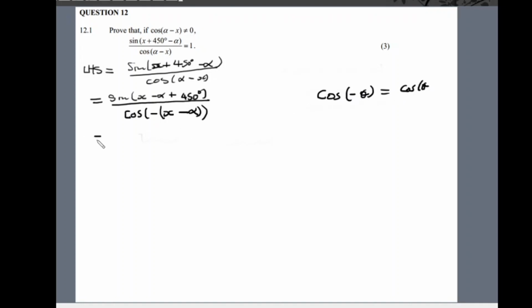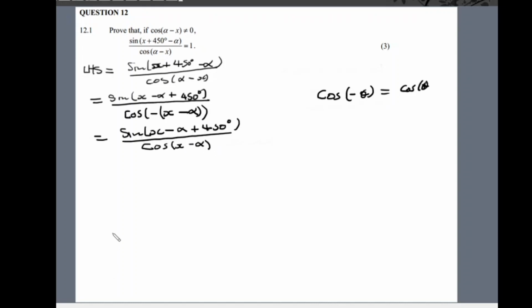So lapha ku denominator yethu sizoba no, okay, numerator still no sine x minus alpha plus 450 degrees, and then good denominator sizoba no, because cos minus theta is equals to cos theta, it means that cos minus x minus alpha is just equals to cos x minus alpha.